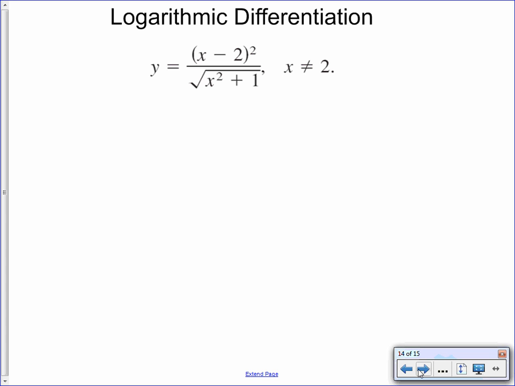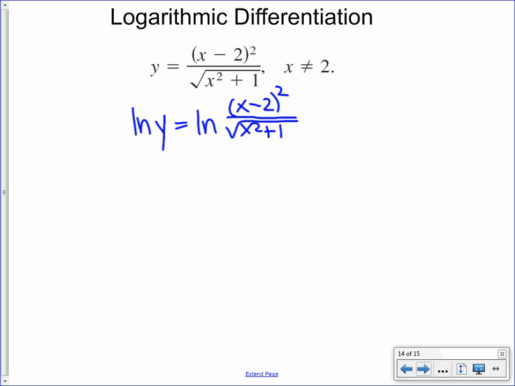Okay, so what we can do when it looks pretty messy is, is it legal for me to take the natural log of both sides? I'm doing the same thing to both sides, right? Okay, why would that be helpful?